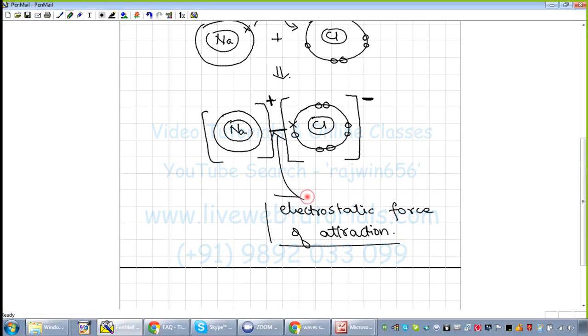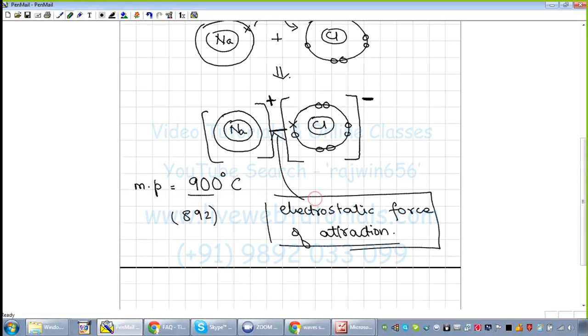This electrostatic force of attraction is very strong as compared to the force of attraction that is there in covalent bonds. So ionic bonds are much stronger than covalent bonds. This can be simply understood from the fact that the melting point of NaCl is, in fact, 892, but even if you remember, it has a very high melting point, approximately 900 degrees Celsius.